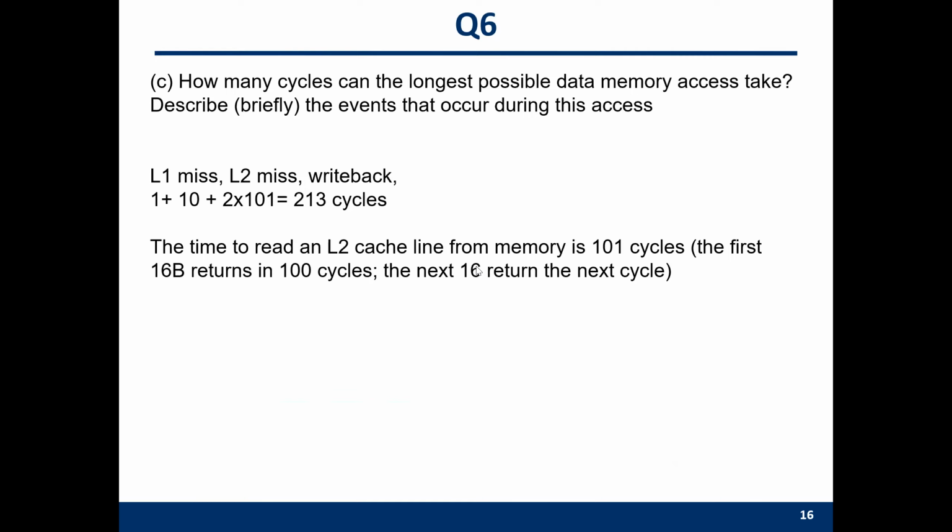How can you store that data in the L2? Your L2 is already full, so the first step is to evict something. Because this question asks about the longest possibility, we have to assume that piece of data is dirty. You need to write it back to the memory first, and then read the actual data you want. So you have one write and one read to the memory. That's the reason why.